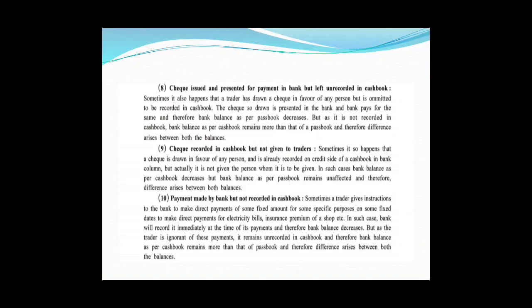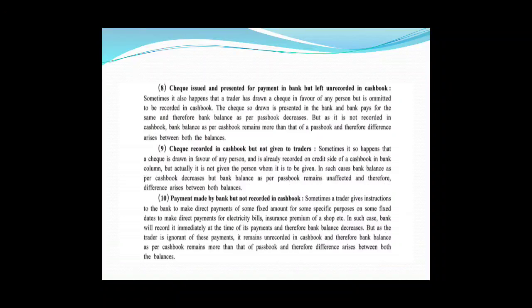Sometimes a trader gives instruction to the bank to make direct payment of some fixed amount for some specific purpose on some fixed date, to make direct payment for an electricity bill, insurance premium, or shop rent, etc. In such a case, the bank will record it immediately at the time of payment, and therefore the bank balance decreases.